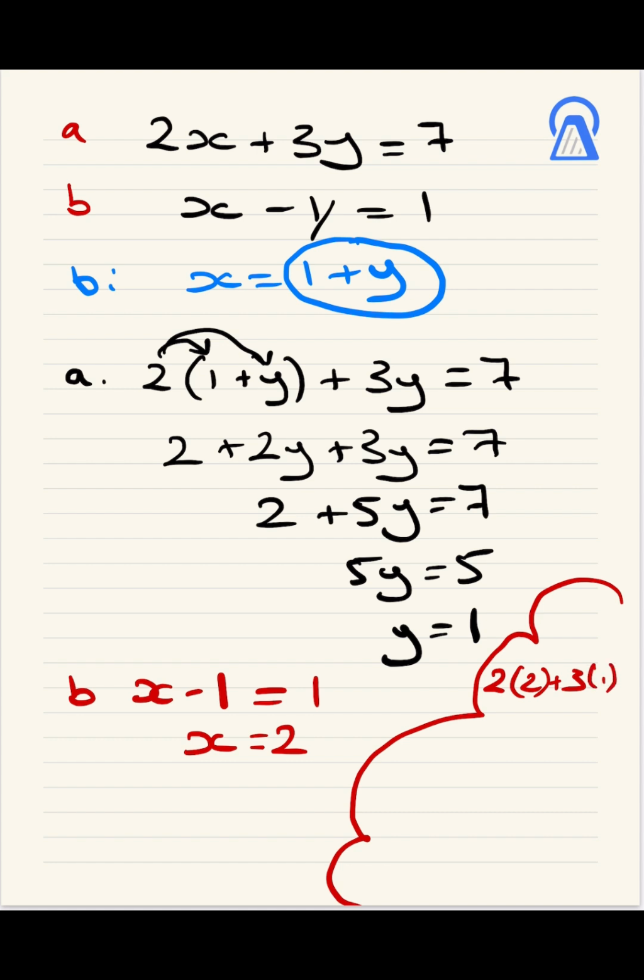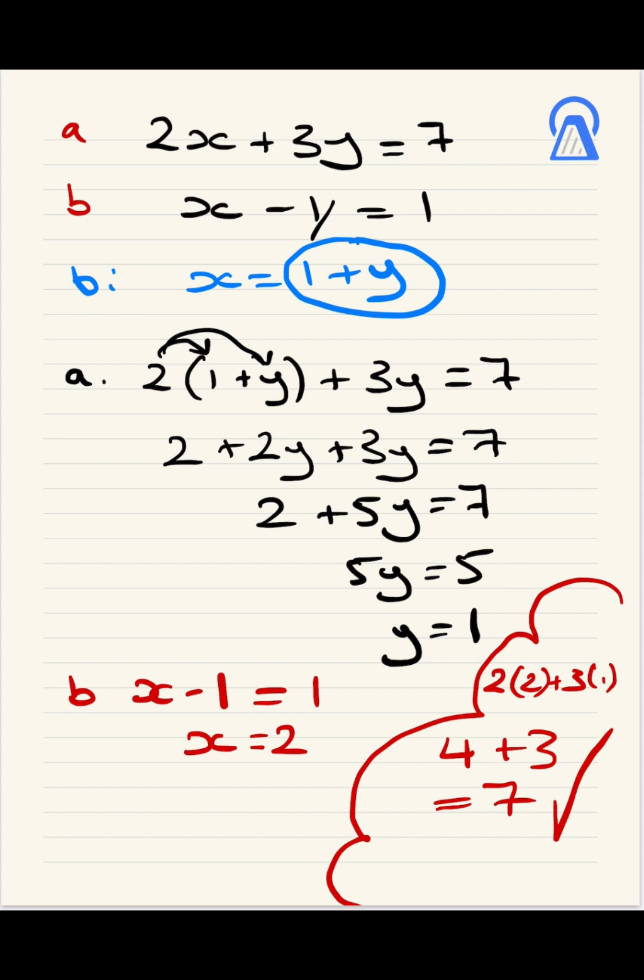And that should, in theory, give me 7. So if that works out, I know that I've got it right. So 2 times 2 is 4. 3 times 1 is 3. That does equal 7. So I know that I've got my two solutions correct.